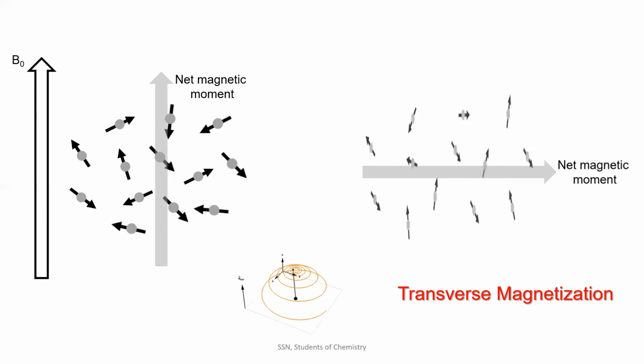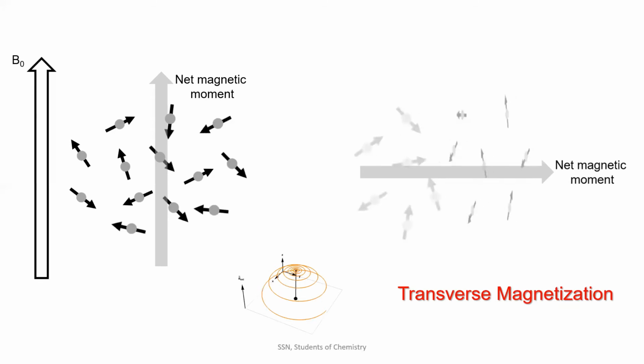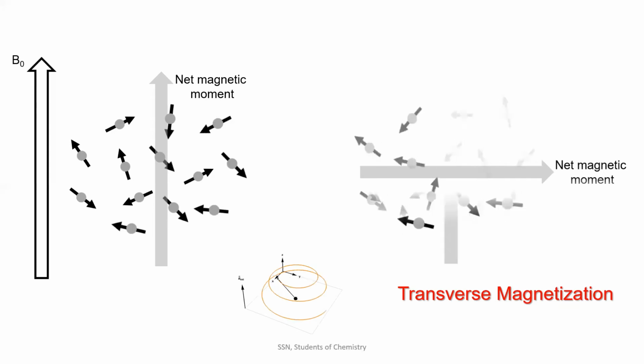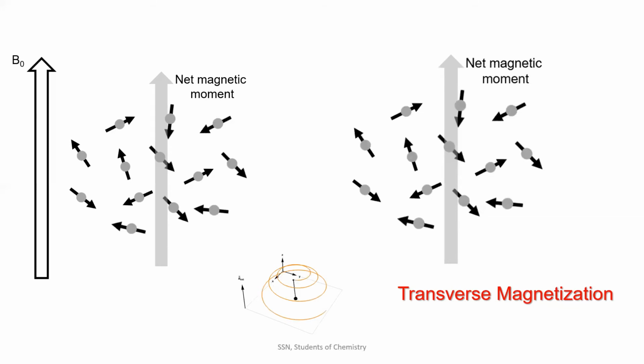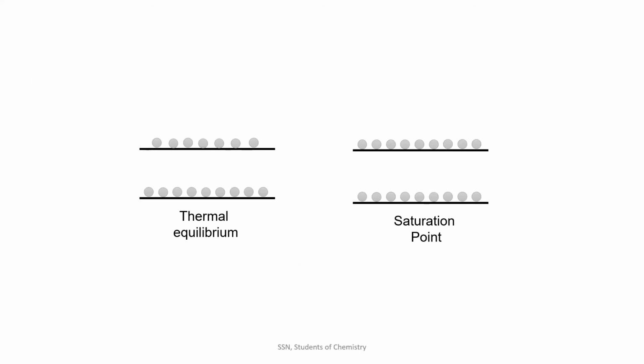Slowly, these spins will have variations in their precession motion, which you can clearly see from this animation. And boom, everything goes back to the normal state again. The thermal equilibrium will be restored. That's what we too want, right? As soon as the thermal equilibrium is restored, boy, there are many transitions for us to record.